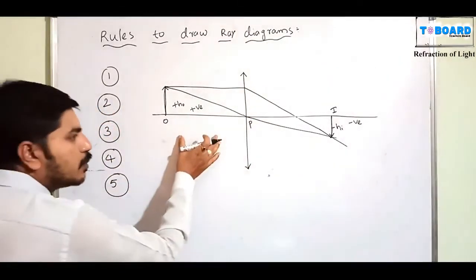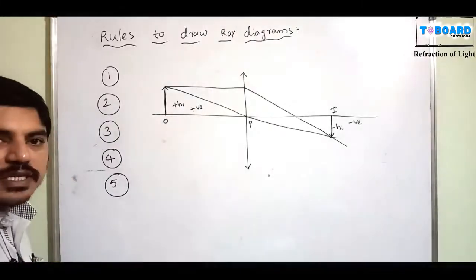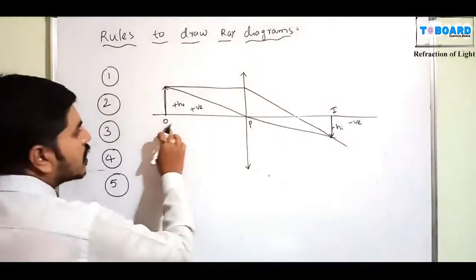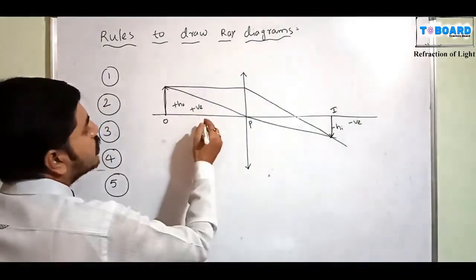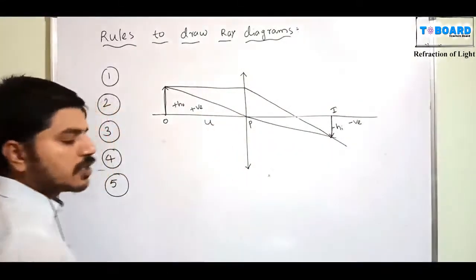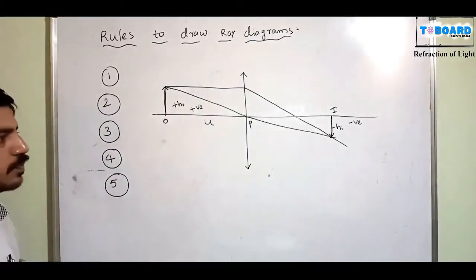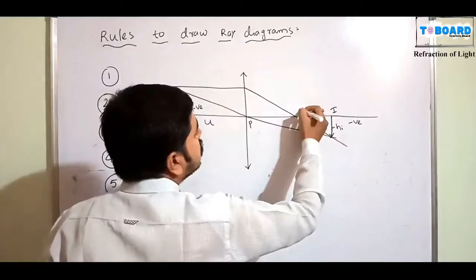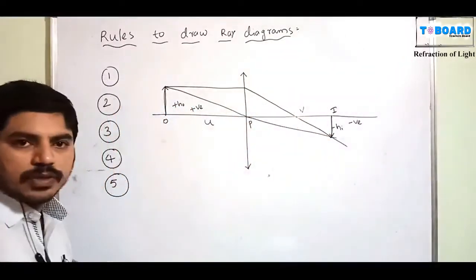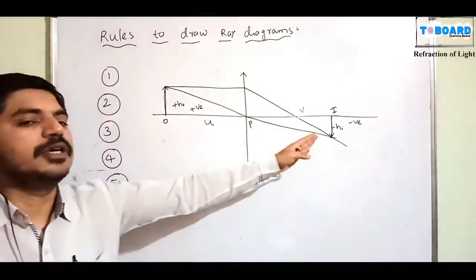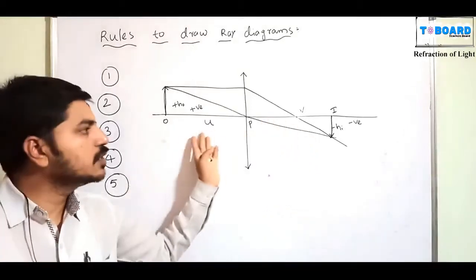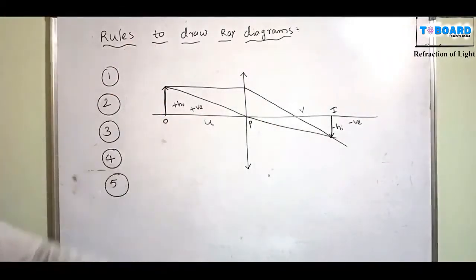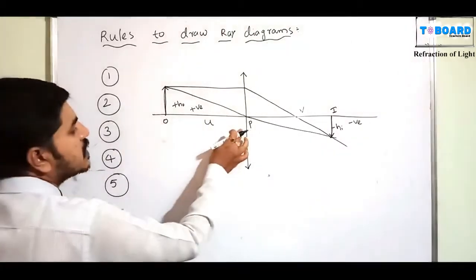After completion of the 5 conditions, I am going to identify the object distance and image distance. You know that P to O is the object distance. We already know that the object distance is shown with the symbol U, and the image distance, P to I, pole to image, is shown with the symbol V. So these are the different values.